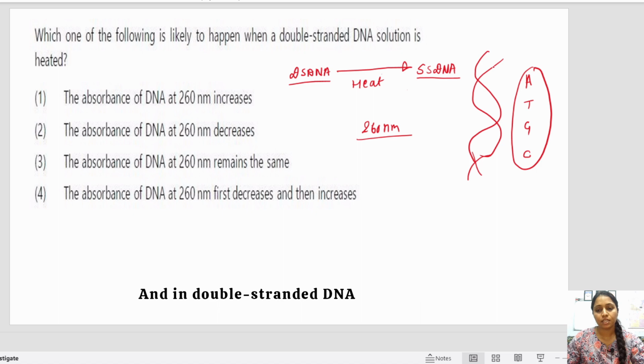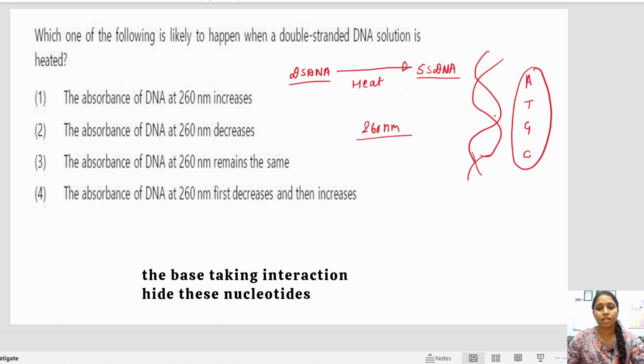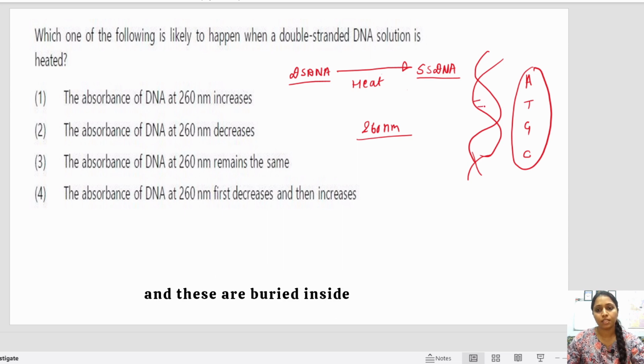And in double-stranded DNA, the base stacking interaction hide these nucleotides and these are buried inside.